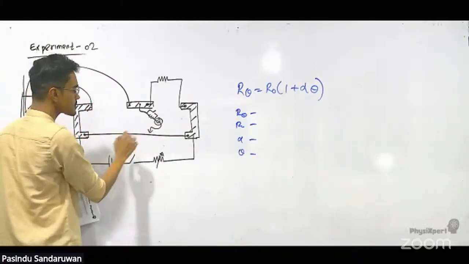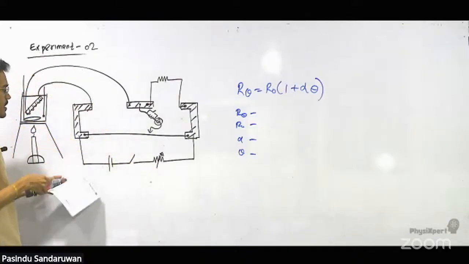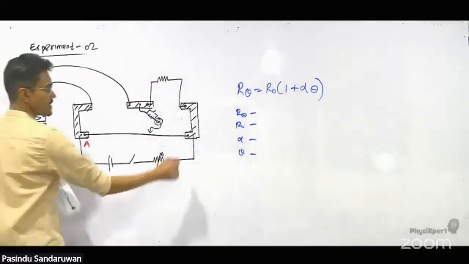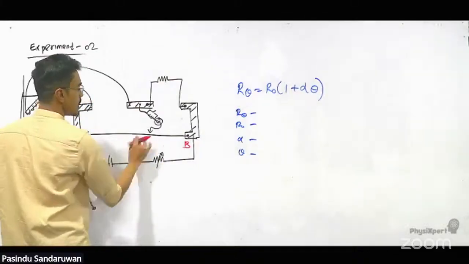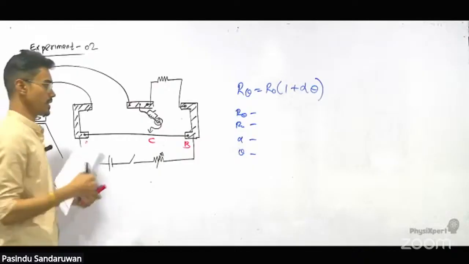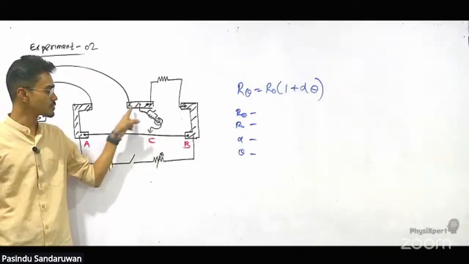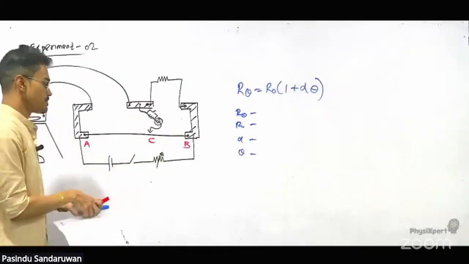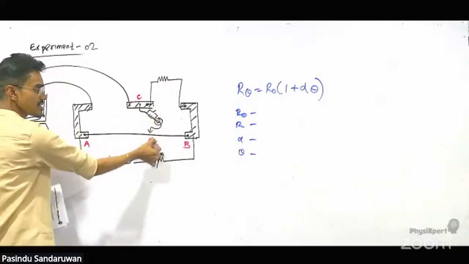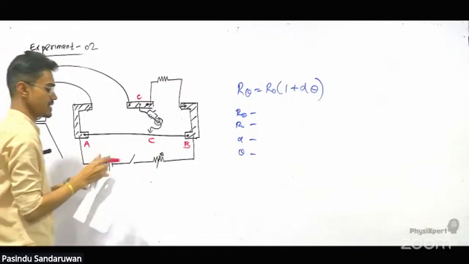What you are doing is, after connecting the whole circuit, finding the balance point. The positive terminal is called A, the negative terminal is called B, and the balance point is called C. At the balance point, no current flows through the galvanometer, which means the potentials at the two points are equal.